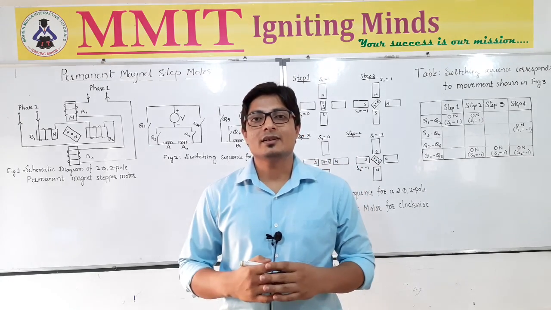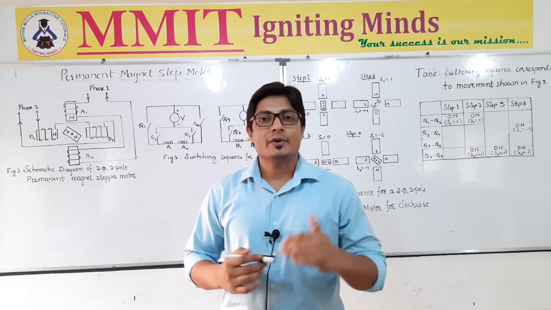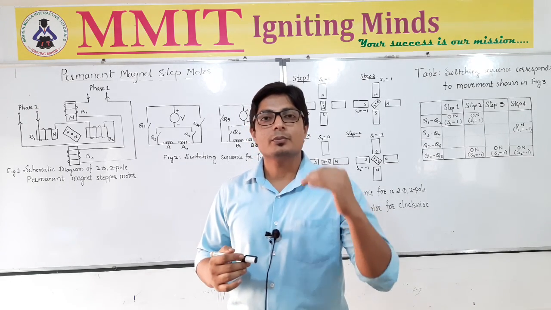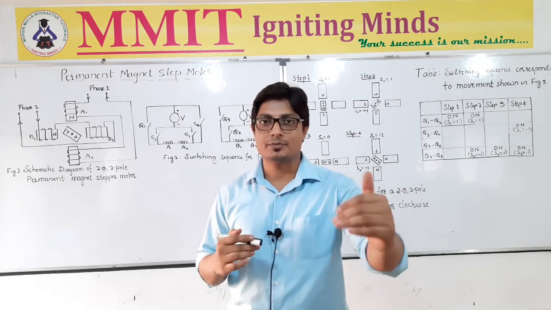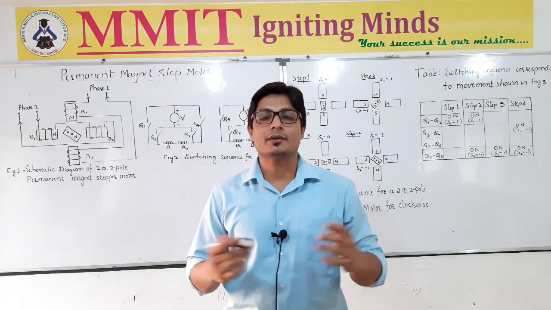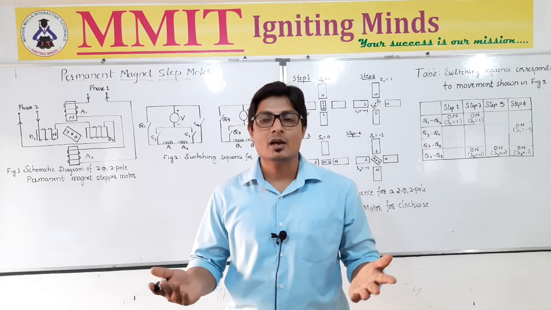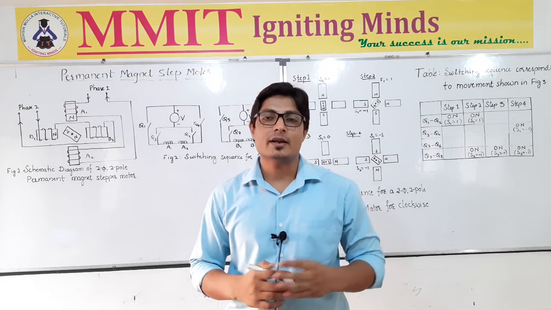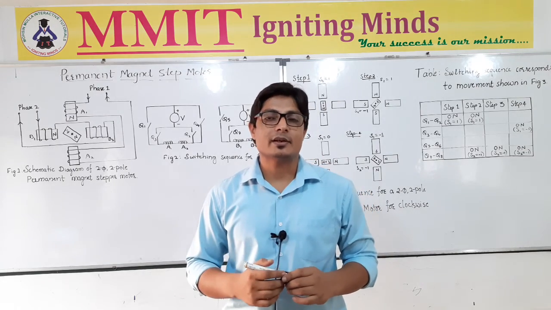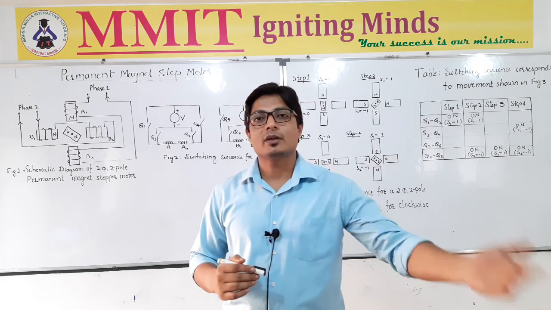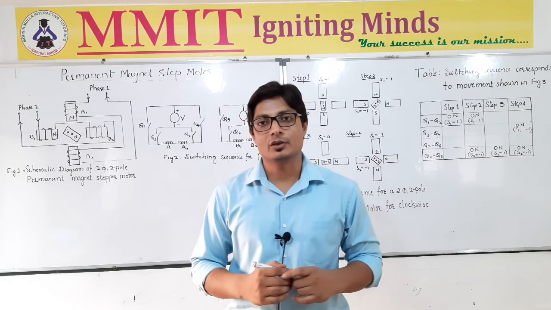It is different in the sense that it operates on discrete control pulses, and it rotates in discrete steps, whereas the conventional electrical AC and DC motors are analog in nature and operate on a continuous signal, and rotate in a particular direction depending upon the magnitude and polarity of the supply voltage.